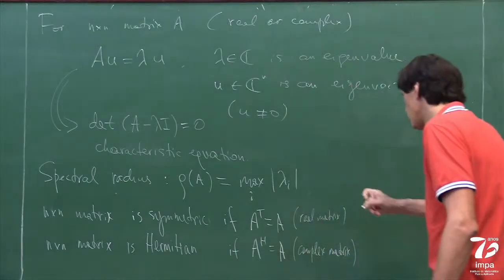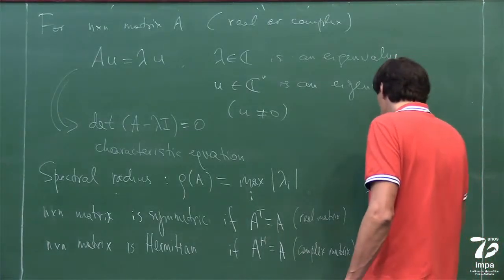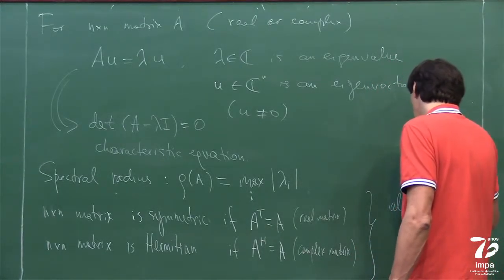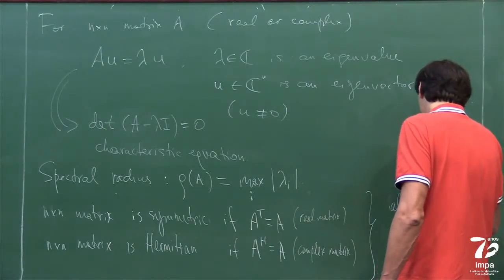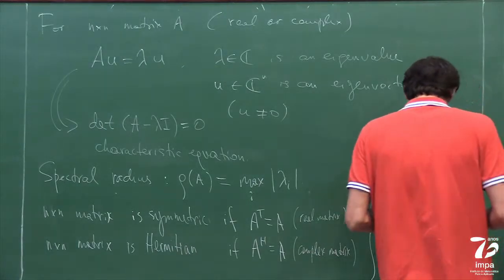Though sometimes symmetry is also used for complex matrices. But whether this is for real or this is for complex, in both cases, all eigenvalues are real. So that's important. So all eigenvalues are real in both cases. So this is a property.